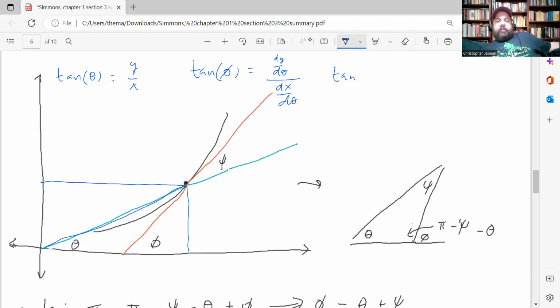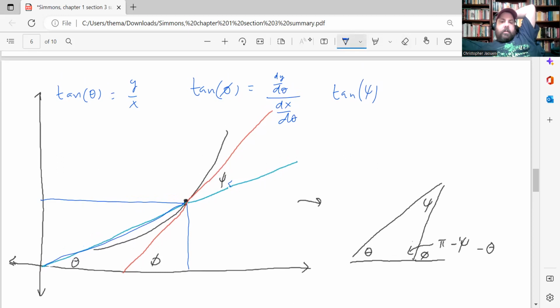And tangent of phi is the slope of the tangent line with respect to the x-axis. And tangent of psi is the slope with respect to the polar radius.